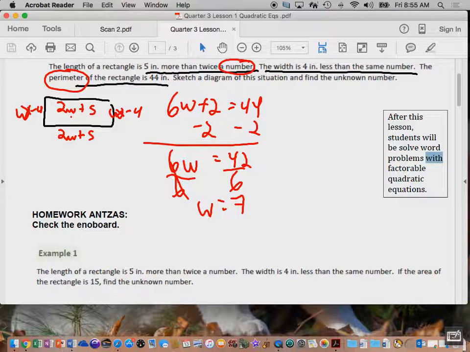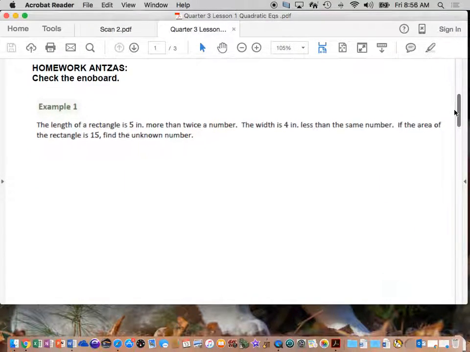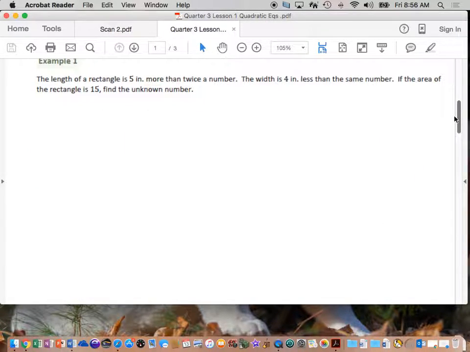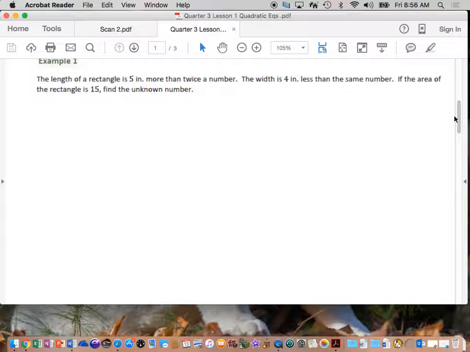Okay. Now, let's scroll forward a little bit. Try that one. Yes, one did catch on to the key word there. Yeah, you didn't write the correct expression for the width.